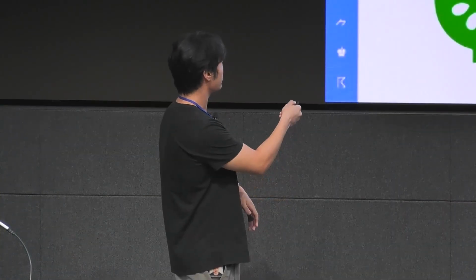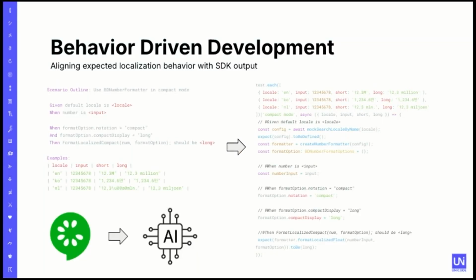From here, we have some parameters. So when the default locale is locale, and we have described here the locale. When the number is inputs, so we have the inputs described here. And when the format notation is compact, and then we also have format notation long, which is also in this table here.